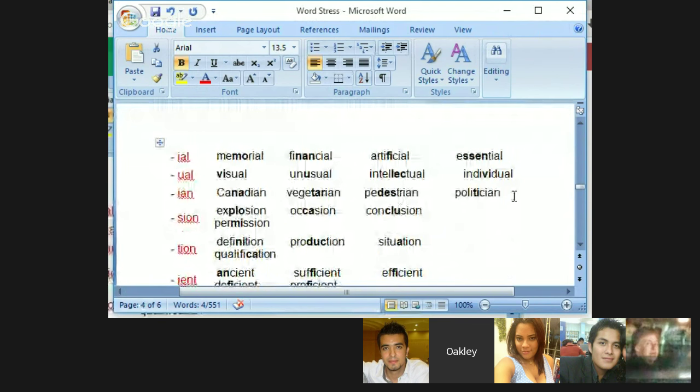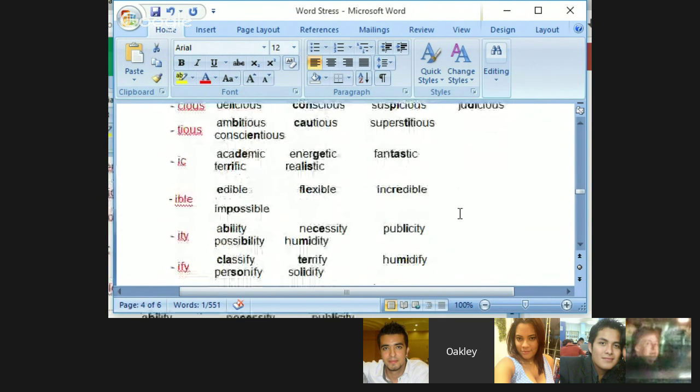Now, what we don't have here is, I don't know how many hundreds of other suffixes that there are that we kind of saw with politician. If we want to, okay, politics, politician, political. ICAL is one example.